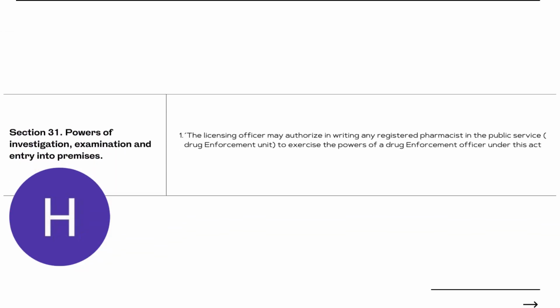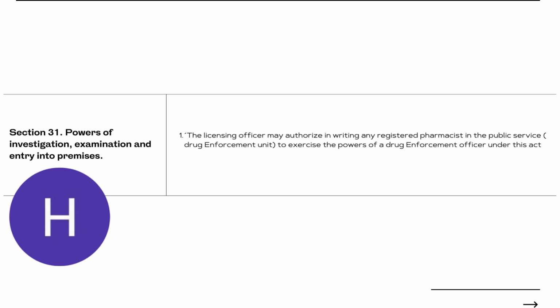So basically, that's the last section, under section 31, which mentions the privilege or power of investigation, examination, and entry into premises for pharmacies. Under section 31, it states that the licensing officer may authorize in writing any registered pharmacist in the public service, such as the drug enforcement unit, to exercise the power of a drug enforcement officer under this Act.